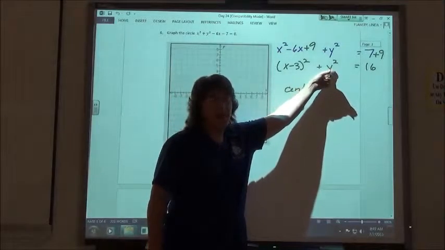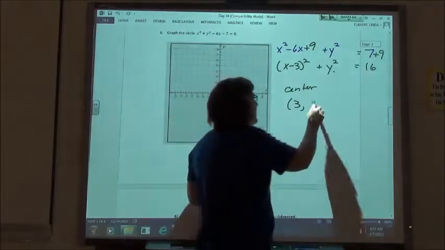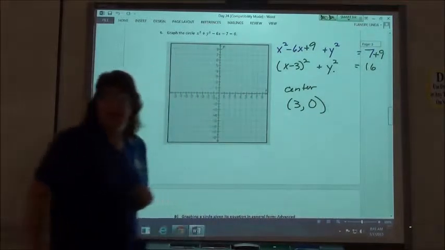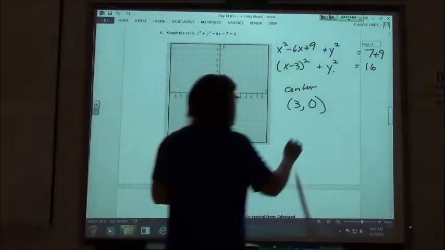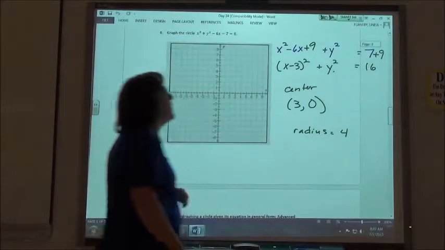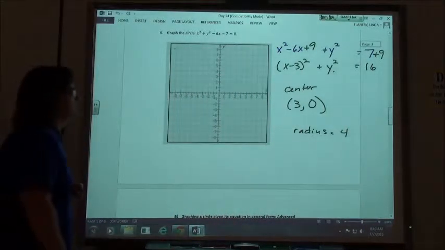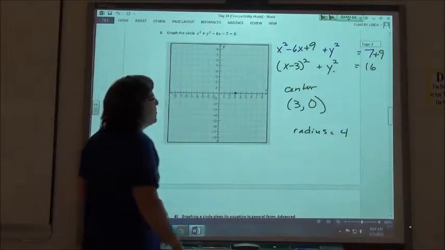What are you adding and subtracting from this? 0, right? So it's just going to be at 3, 0. And my radius is 4. So 3, 0 would be right there.